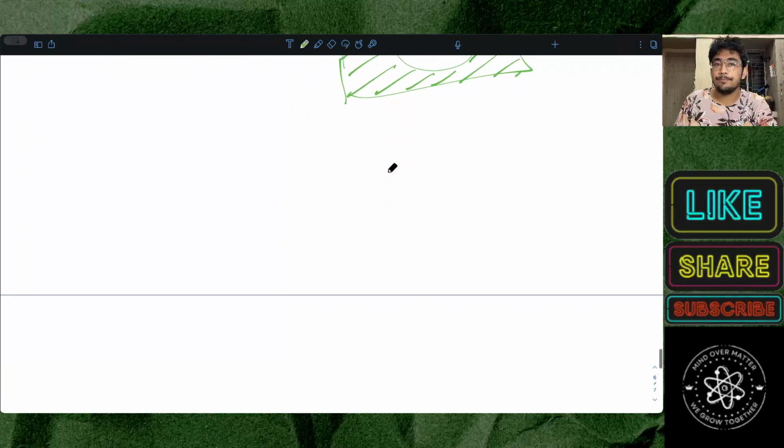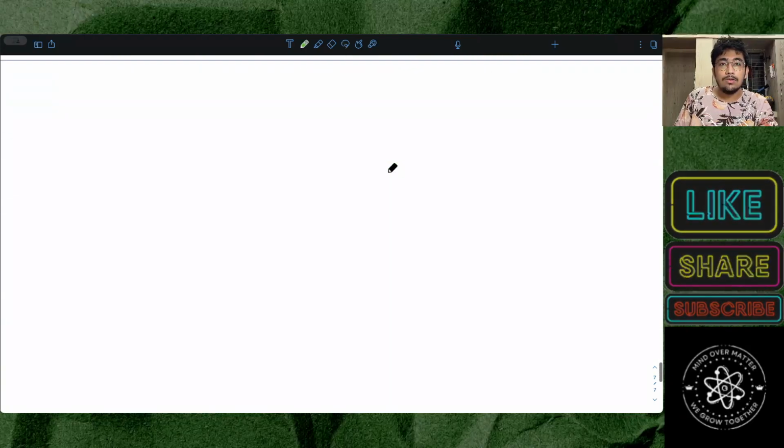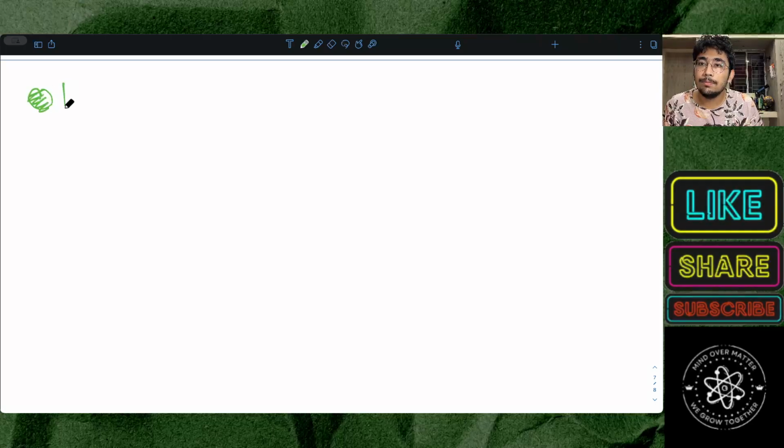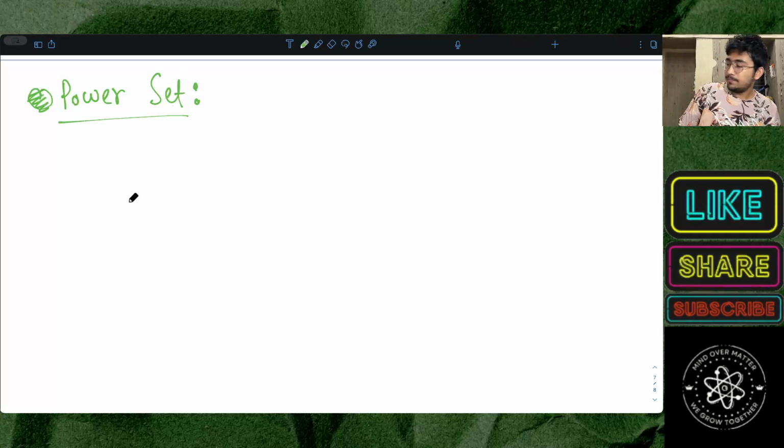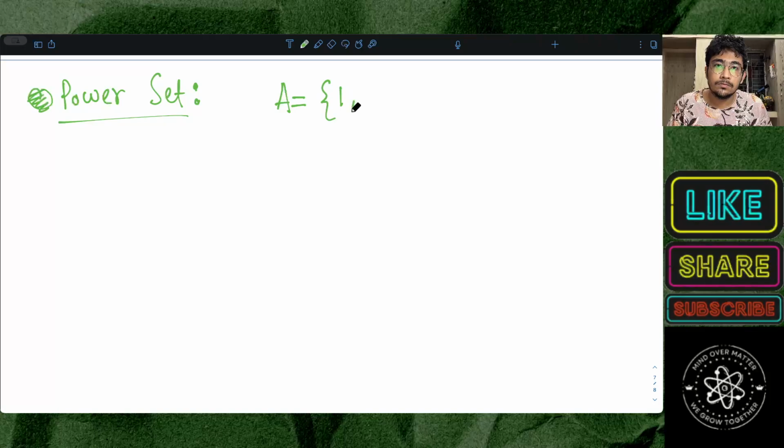Okay, so now let's talk about another topic called the power set. It's a very easy thing, if you have understood all the concepts I have been talking about. So suppose we have a set called A, and it has elements 1 and 2.